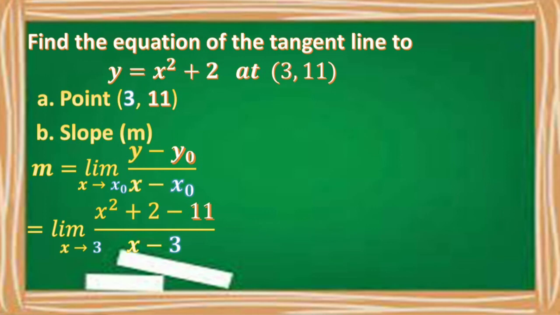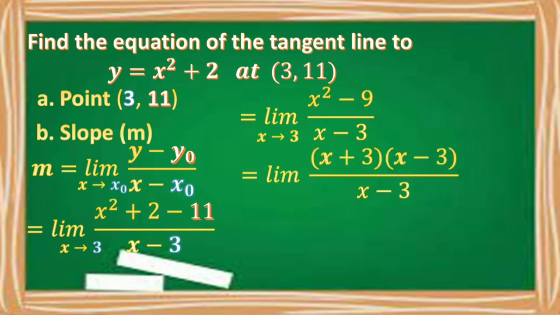Adding the constants in the numerator, we have the limit of x squared minus 9 over x minus 3 as x approaches 3. Then factor x squared minus 9, we have the limit of the quantity x plus 3 times the quantity x minus 3 over x minus 3 as x approaches 3.